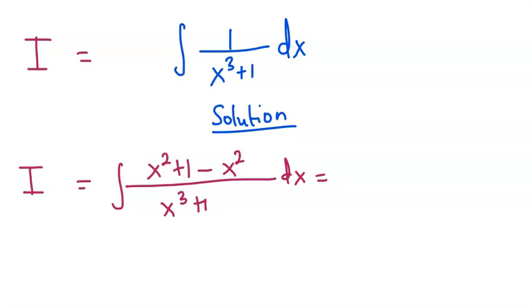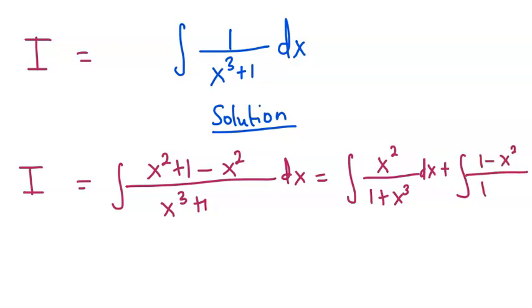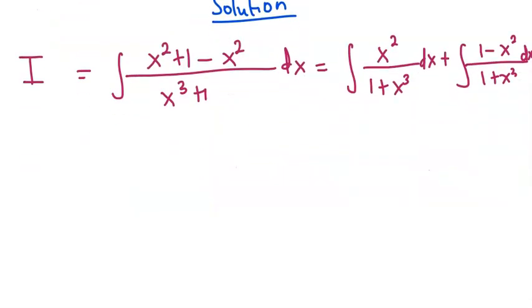We're going to have the integral of x squared over 1 plus x cubed dx, plus the integral of 1 minus x squared over 1 plus x cubed dx. Okay, so from here we can call this part A, and we can call this one here B, right?